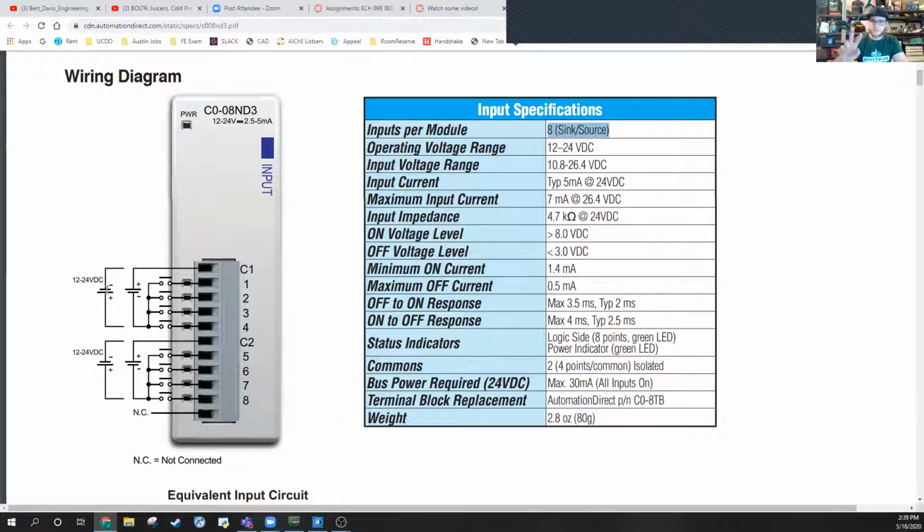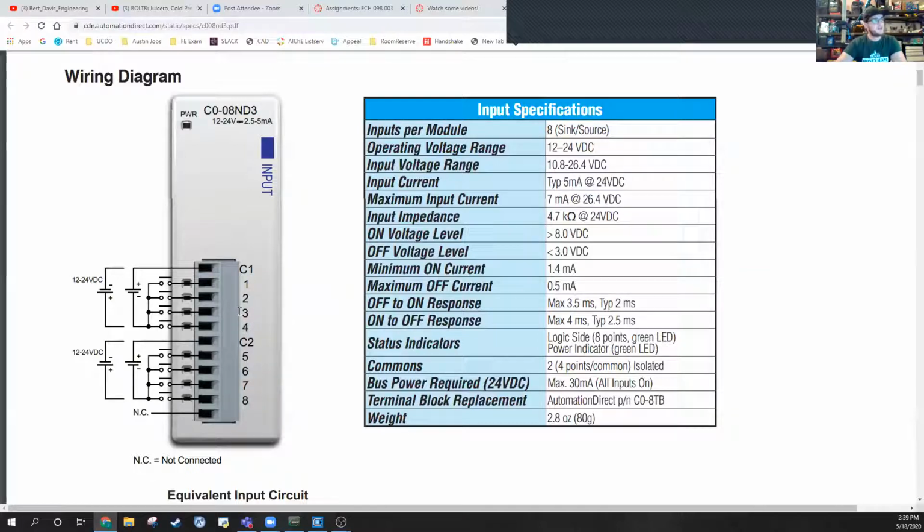You can have your power source in either polarity orientation, right? You can have the positive or negative end of your power source connected to that common C1 input point, right? And then you have all of your input devices, which are just shown as little switches here, wired in parallel off of that voltage source, and then wired into your inputs, your 1, 2, 3, 4 inputs.